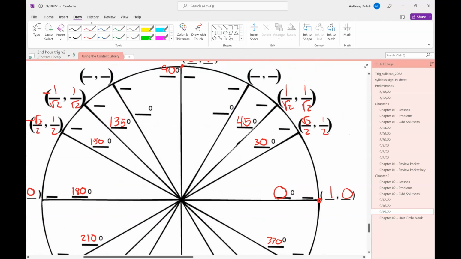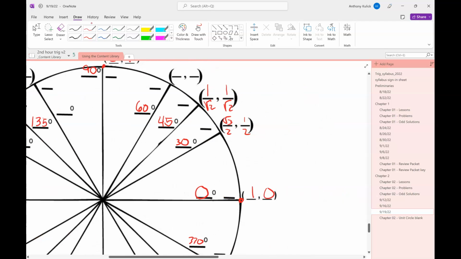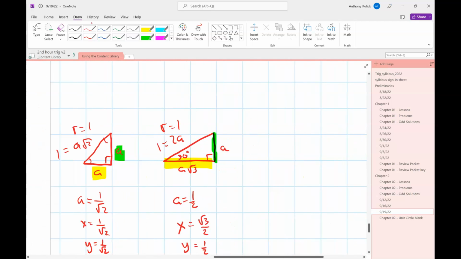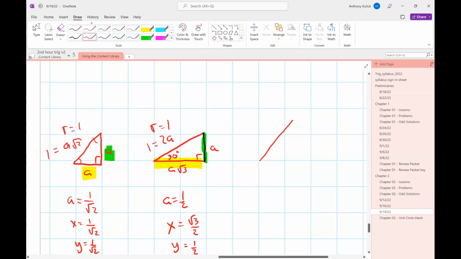Now let's do this one where we have the 60-degree. So I'll do the same thing here. And again, r still has to be 1. So a is going to be 1/2.